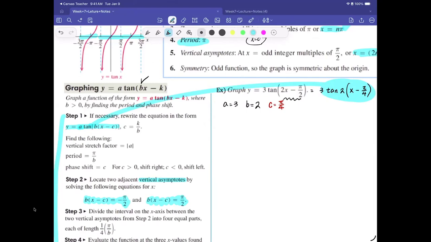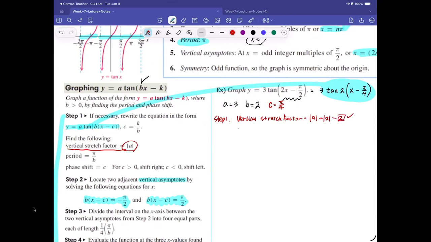So start with finding a, b, and c, okay? Then that will be easy to do. Step number 1, I'm going to start with the vertical stretch factor, which is the absolute value of a, which is the absolute value of 2, which is 2.